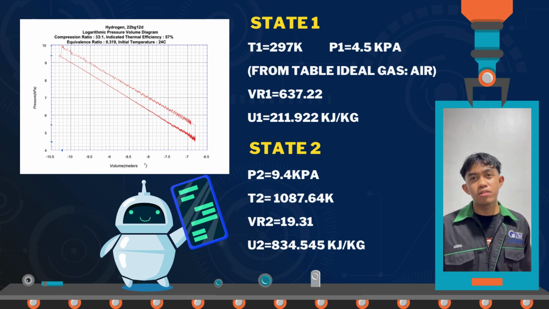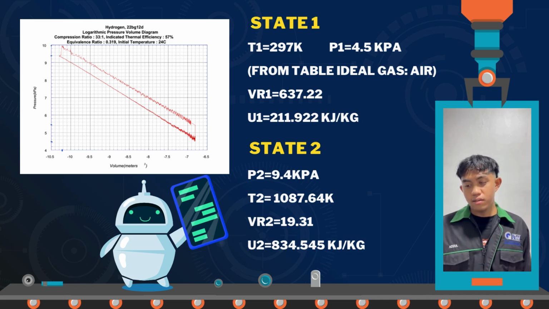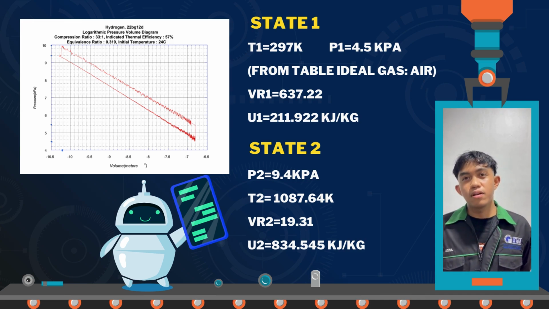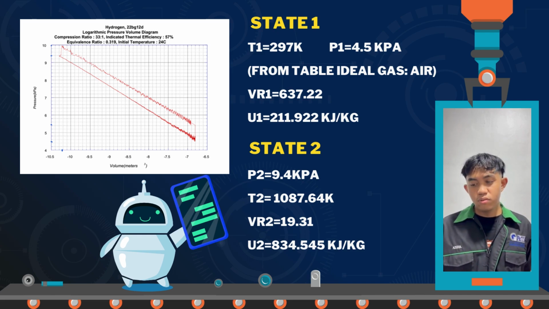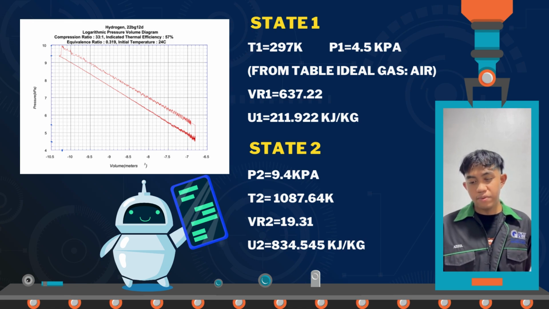So, based on the graph and the data given, we know T1 is 24 Celsius and converted to Kelvin, which is 297 Kelvin, and P1 from the graph is 4.5 kPa, and we can get the values of VR1 and U1.